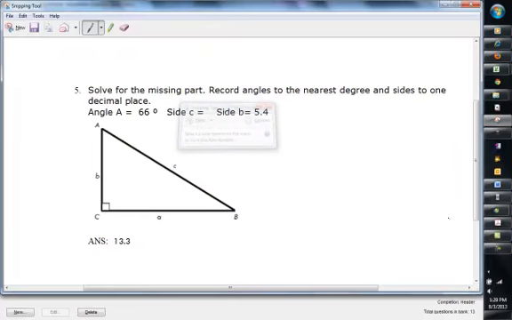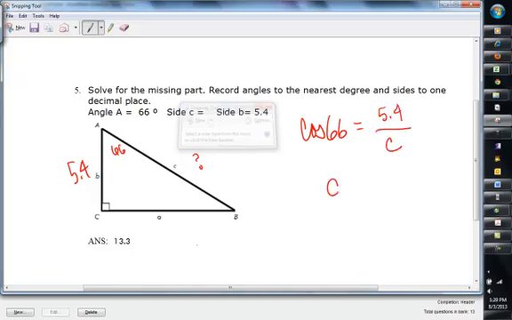All right. I'm going to switch colors. Angle A is 66 degrees. Side C is what we're looking for, and side B is 5.4. So cosine of 66 is adjacent 5.4 over hypotenuse C, or C is 5.4 over cosine 66.